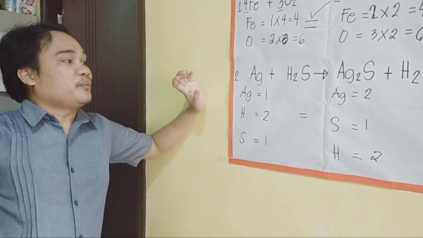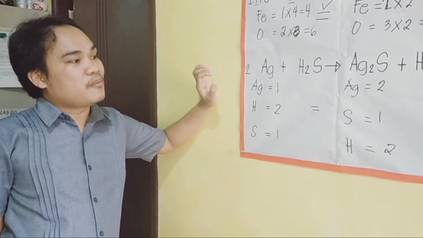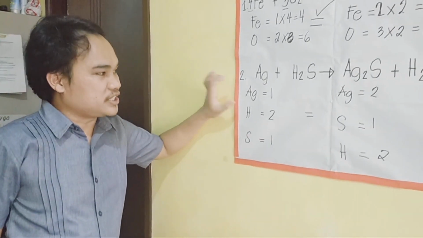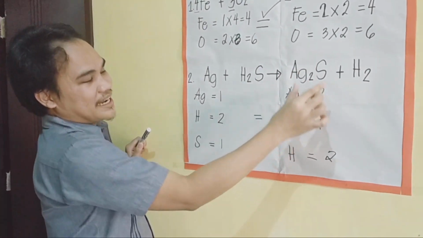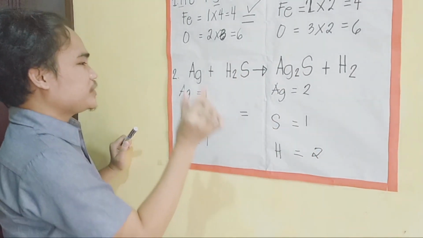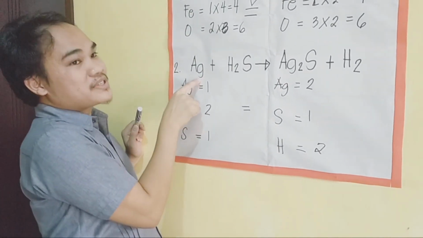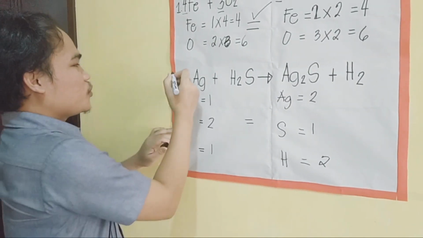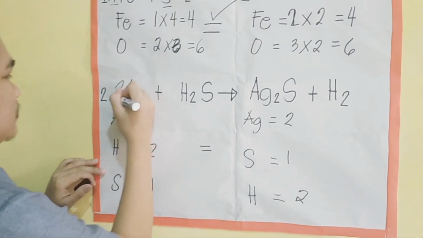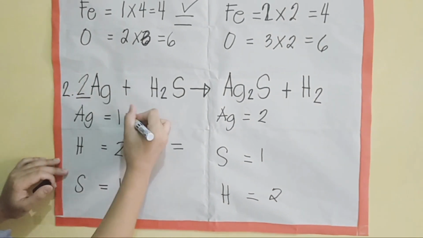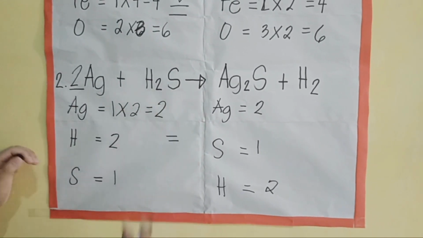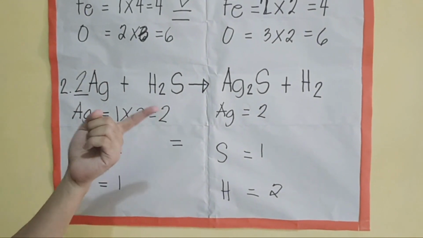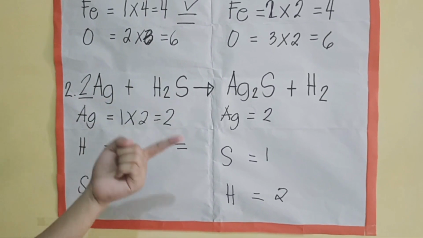So we just change the atom of silver. So since we have 2 atoms of silver at the right side, we should have 2 atoms at the left side. So we are going to add 2. So 1 times 2 equal 2. So therefore, the chemical equation is now balanced.